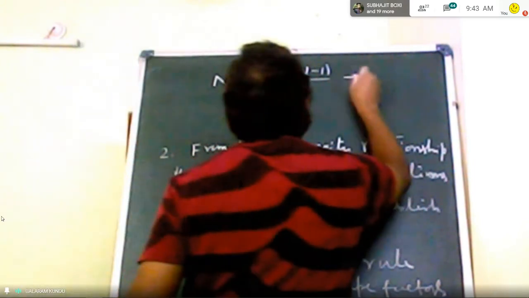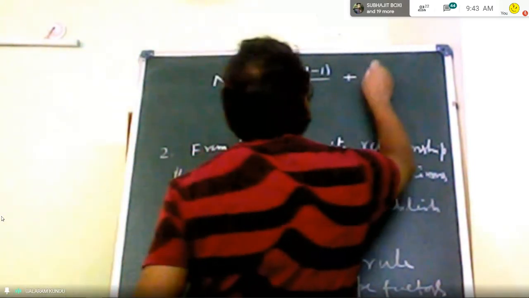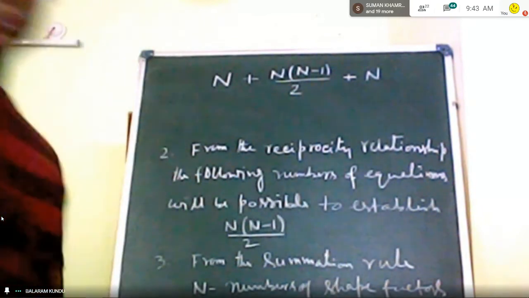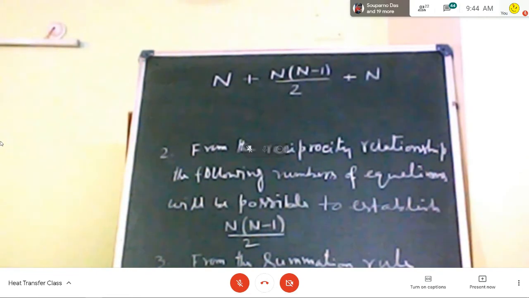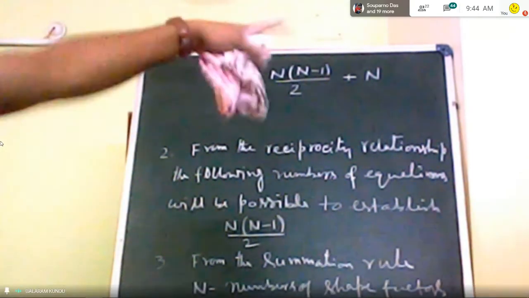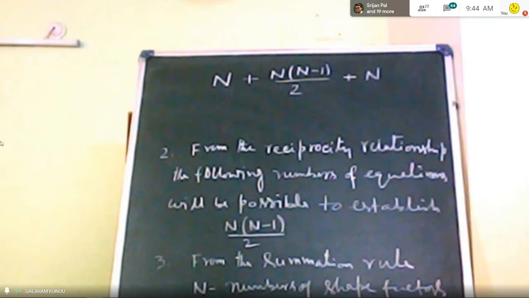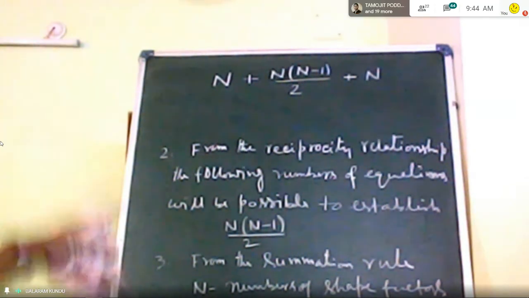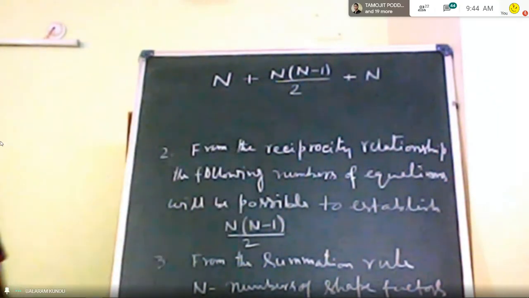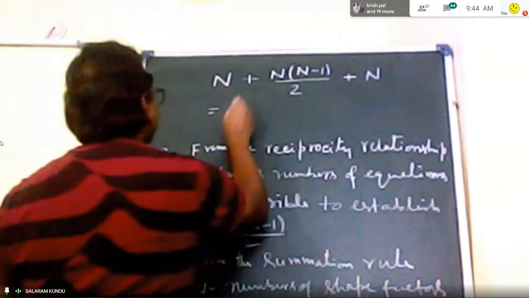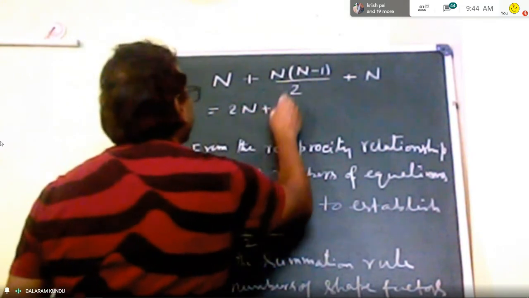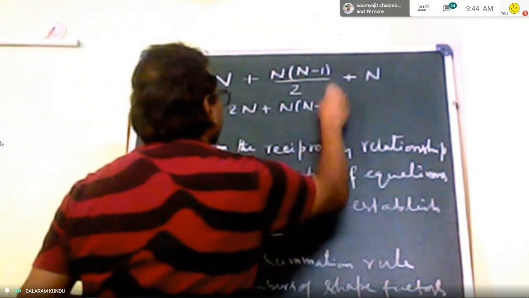Then from the summation rule, another n shape factors can be calculated. So this should be twice n plus n into n minus 1 divided by 2, when all surfaces are plane or convex.